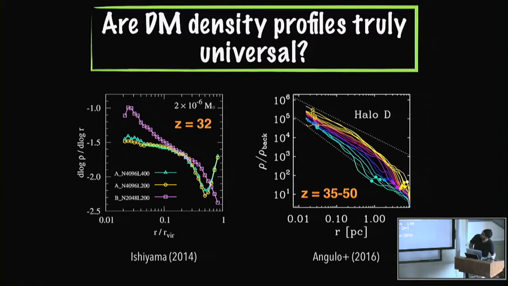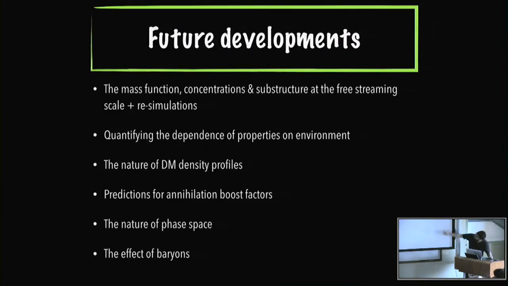In a slide I didn't show, one of the points we want to look at is what happens when you put baryons into this. You don't need a very sophisticated model of baryonic physics, because you don't care about feedback in the beginning. You just need what happens with a smooth baryonic field and how that affects the initial density field.